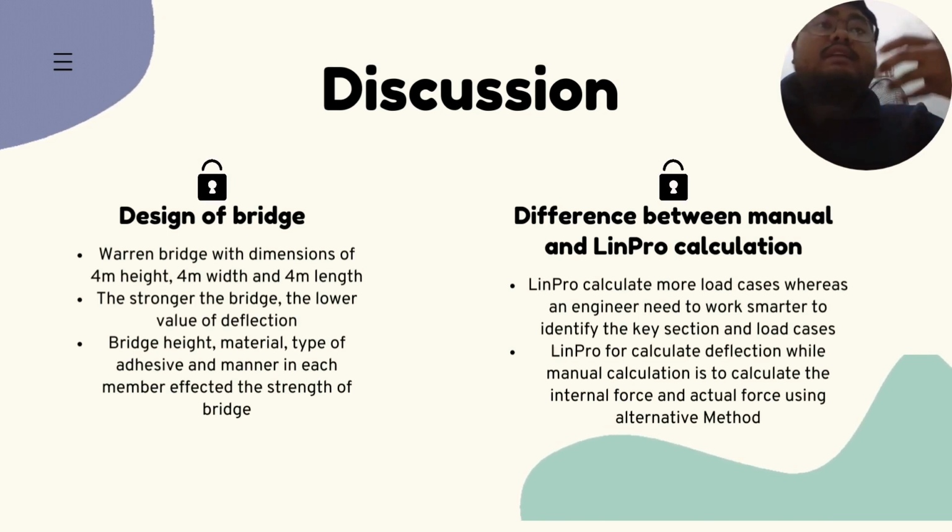LinPro is used to calculate the deflection, while manual calculation is used to calculate the internal force and actual force using the alternative method, which is very easy to use compared with the other method we already know, the joint method. The alternative method is the easiest and fastest way to get the answer.